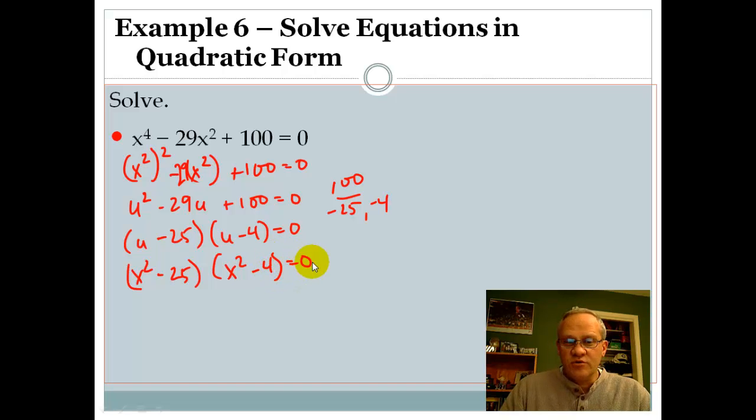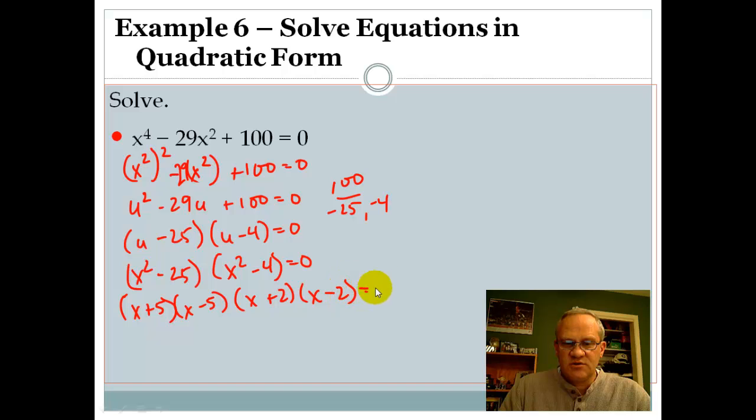And then do you remember what we did before when we were solving equations here? Each part has to equal 0. So we can factor this a little bit further down here. This is a difference of squares, so this would be x plus 5, x minus 5, and this would be x plus 2, x minus 2 equals 0.